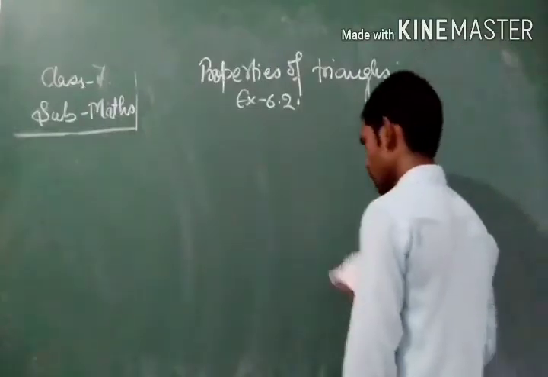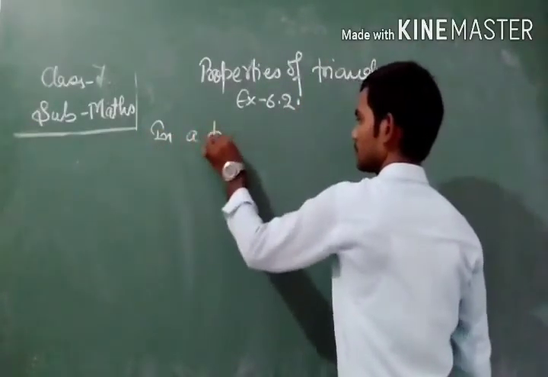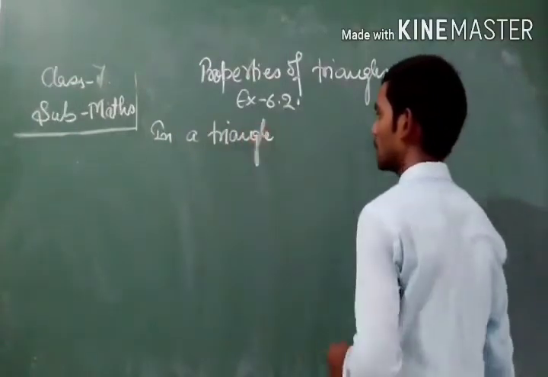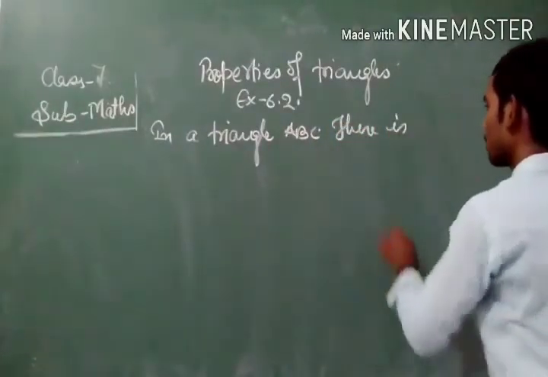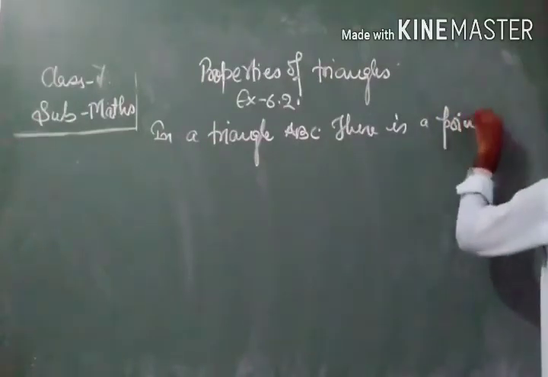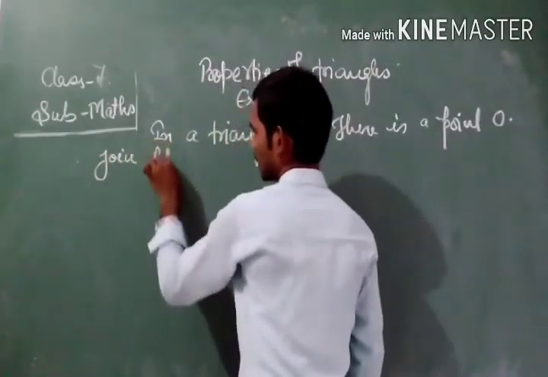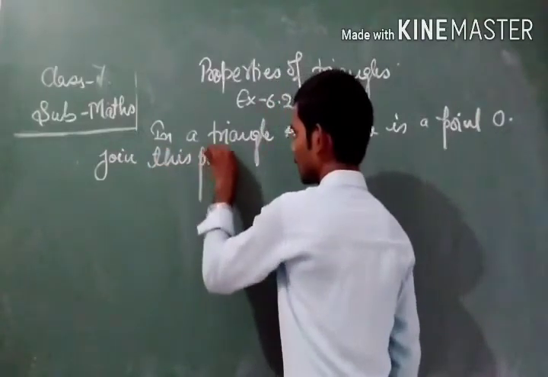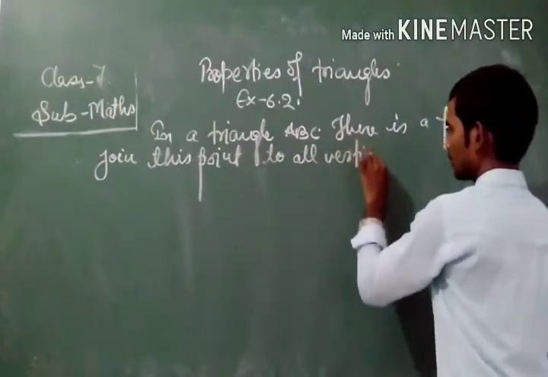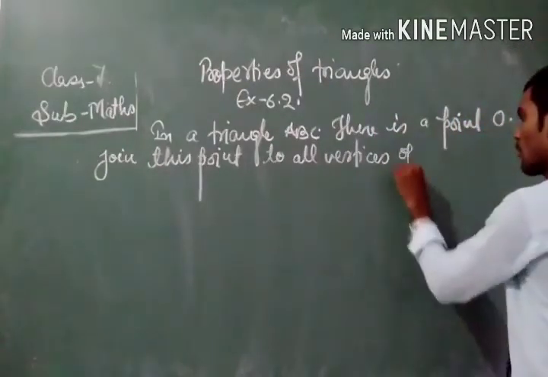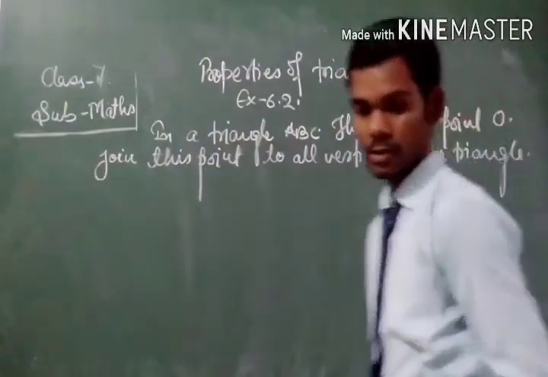There is a question: in a triangle ABC, there is a point O. Join this point to all vertices of the triangle.